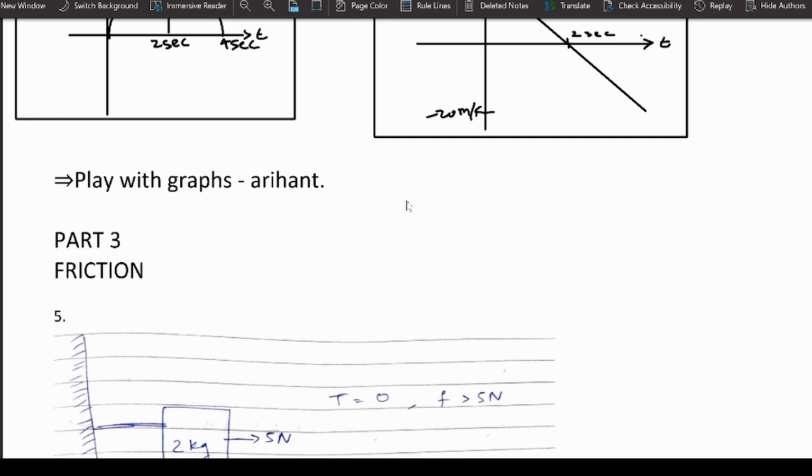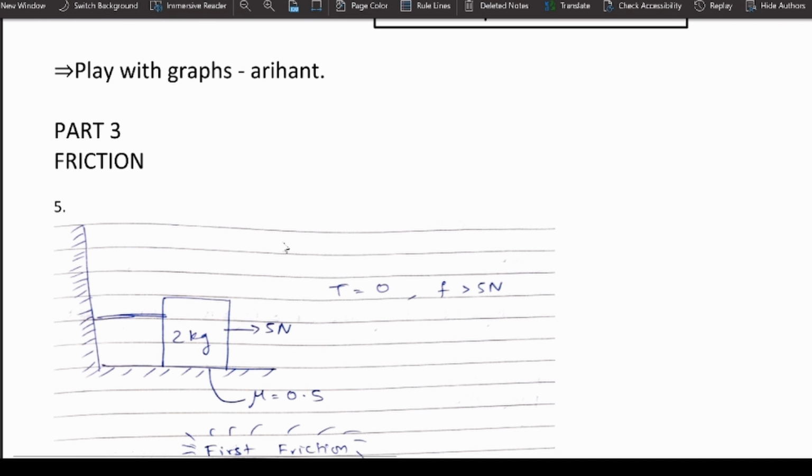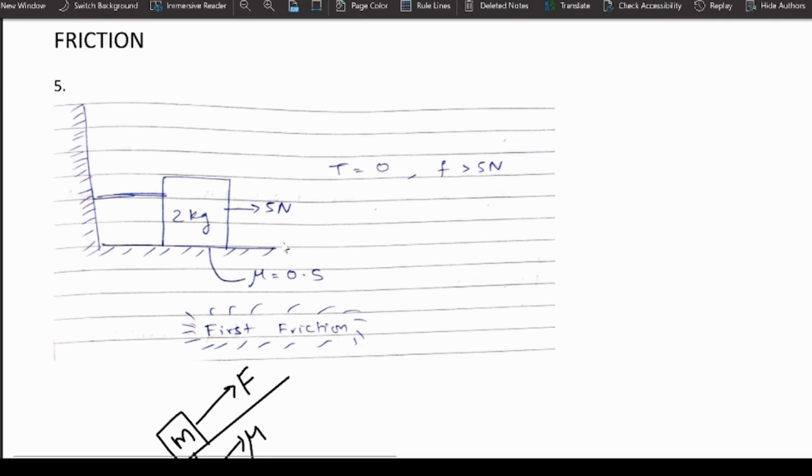Okay, so moving on to the next part, which is friction, and the question might not be very clear here, and I leave it to you to do a little bit more exercise on this. Here the situation goes as a block of mass 2 kg and 5 Newton force is applied on this block.